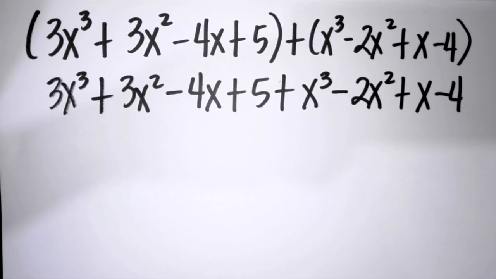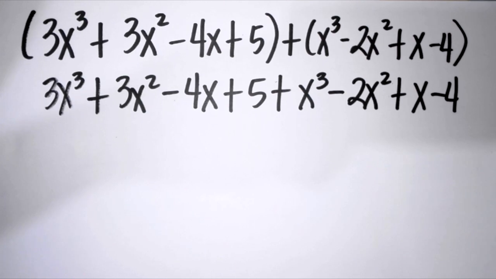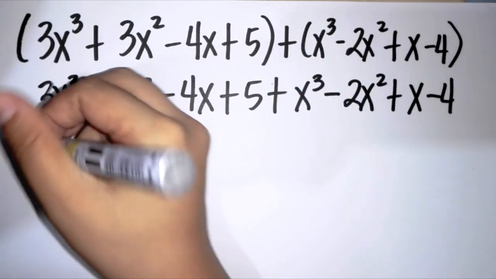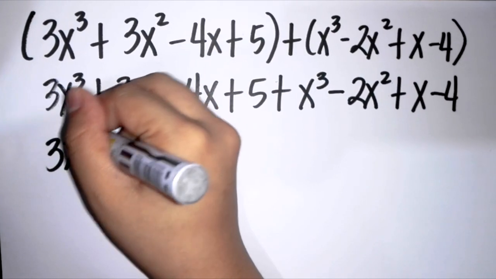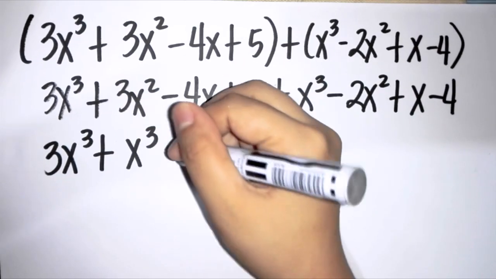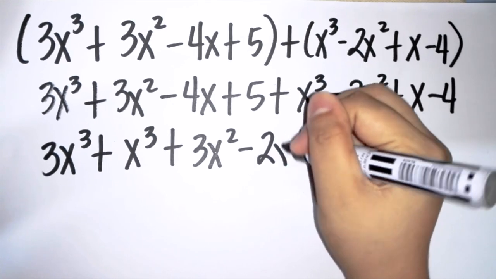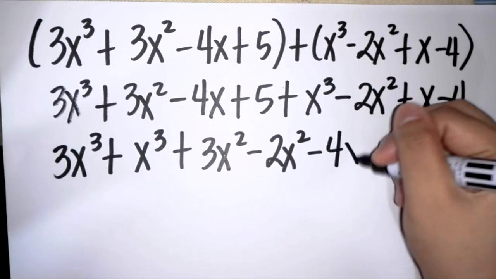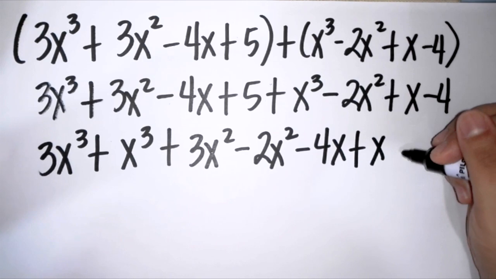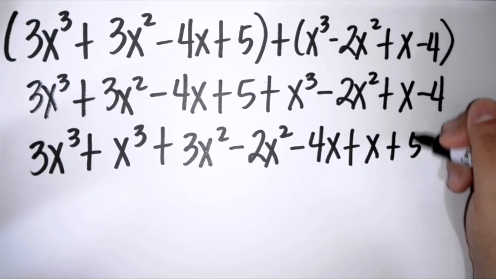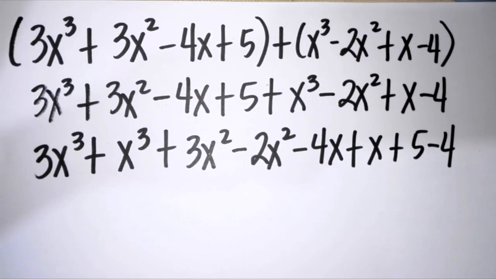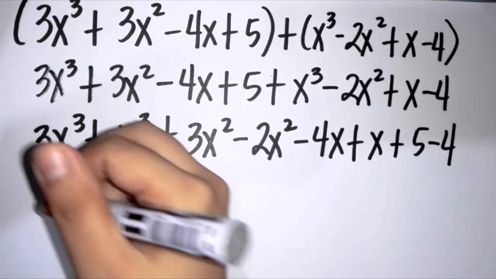Then, for step 2, let's group the like terms in accordance with their variables. Lastly, let's simplify our answer.